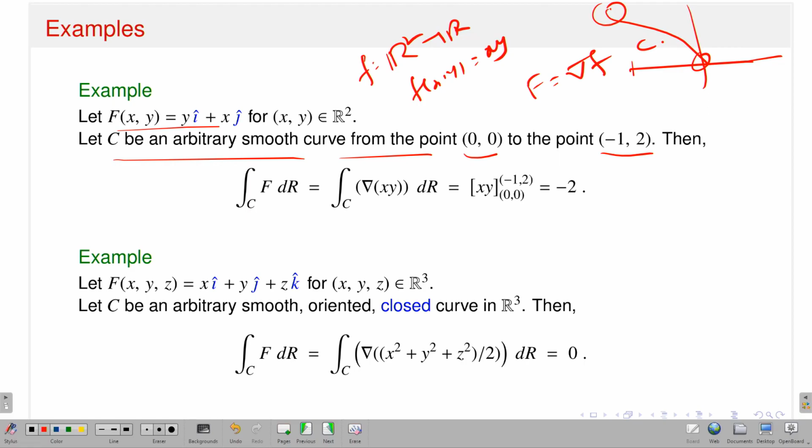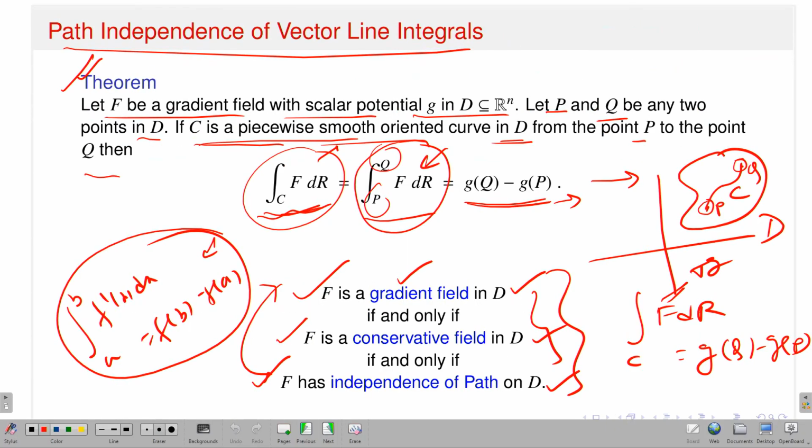Then my earlier theorem says that if I have a gradient vector field, and I take any two points in my domain D, and a smooth, piecewise smooth oriented curve C in D from the point P to Q, then the corresponding vector line integral can be written in terms of the values of the scalar potential, g(Q) minus g(P).